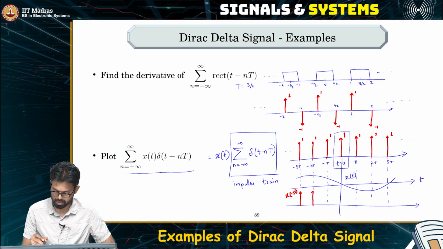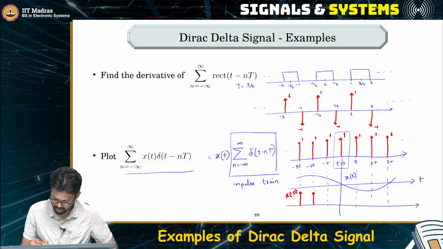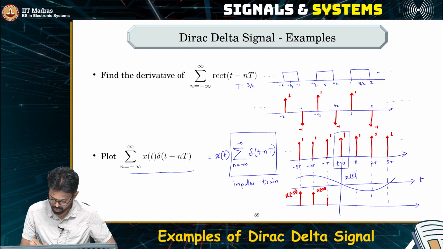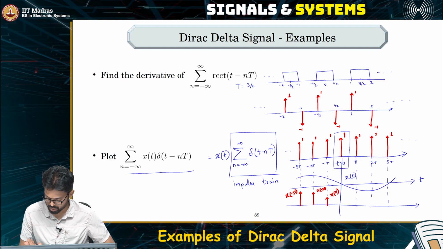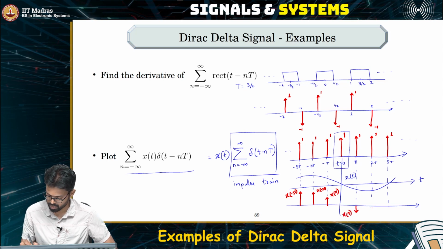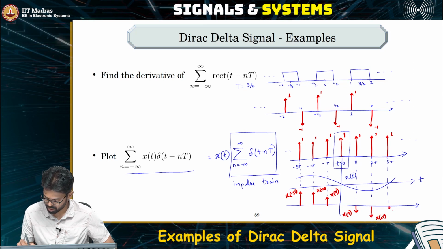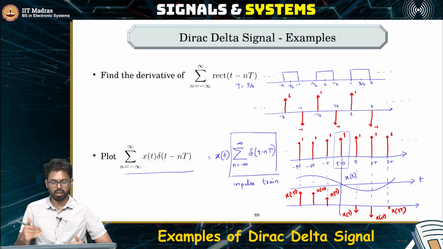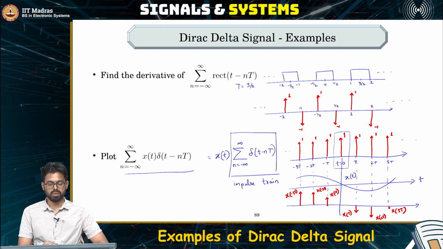Here, the area is x of minus 2T. And at this point, it is x of minus T. And at this point, it goes in the negative direction. It is x of T. And here, it is x of 2T. And here, it is x of 3T. So you get the envelope of the signal as such, and the Dirac delta functions get scaled by the instantaneous values of the signal at those points.